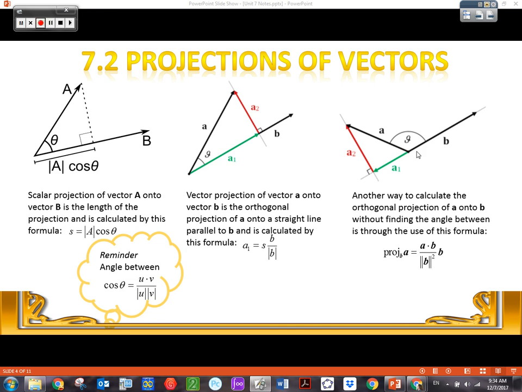Notice how we're projecting vector A onto B, but this angle measure is greater than 90 degrees. That's okay. I just want you to know it's okay to project backwards. So our projection would be back here instead of up here. And the formulas compensate for it. I just want you to know that's okay. Okay? All right.